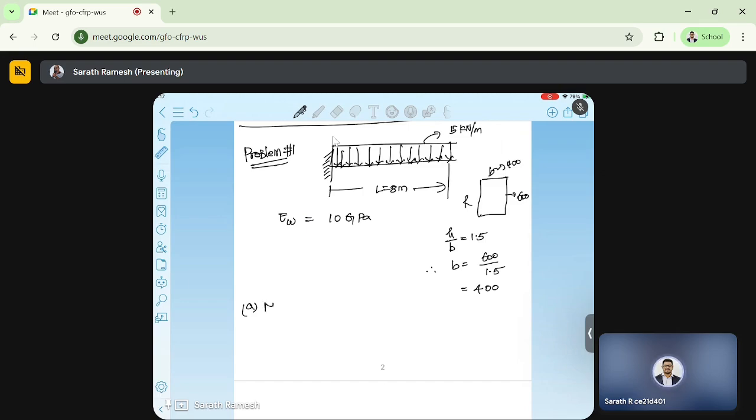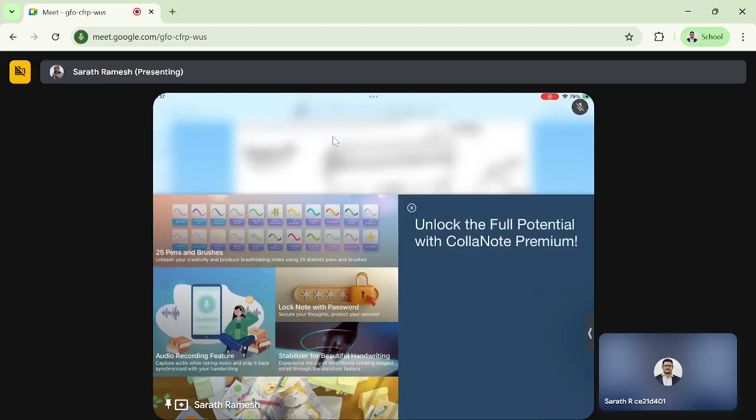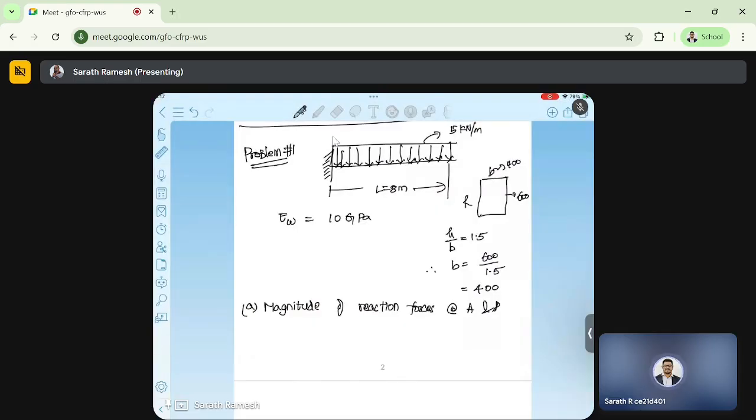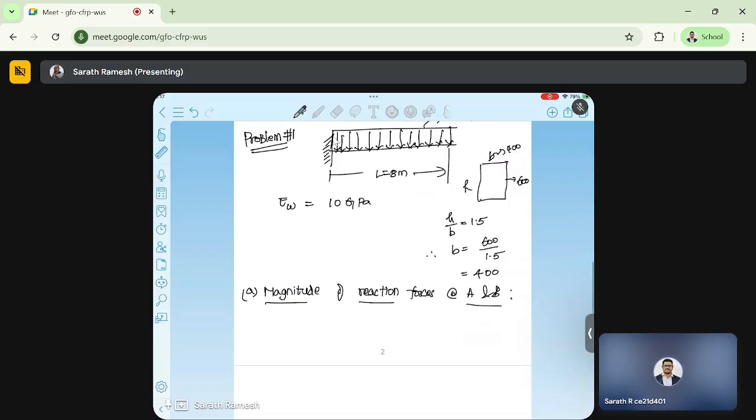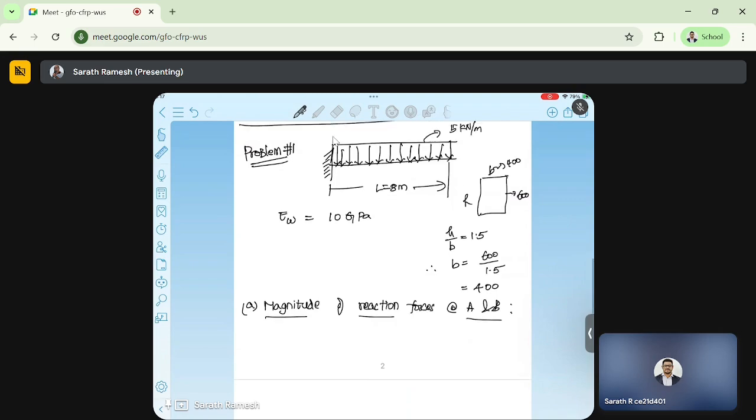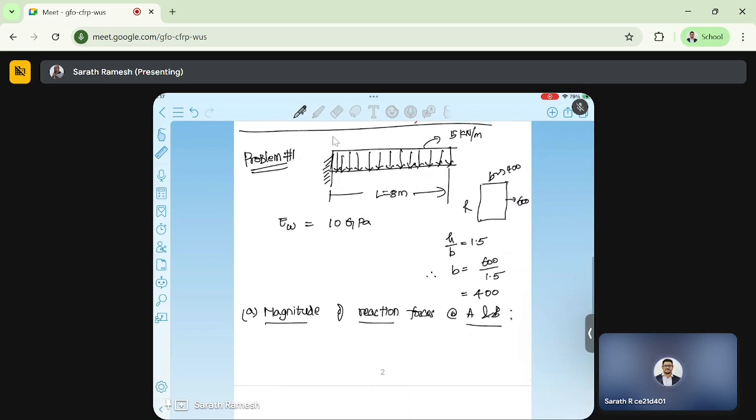So we need to find the magnitude of reaction forces at A as well as B. By the way, at B there is no support, so the reaction force won't be there, it is zero. But we will find the reaction force at A. Okay, so let's begin.